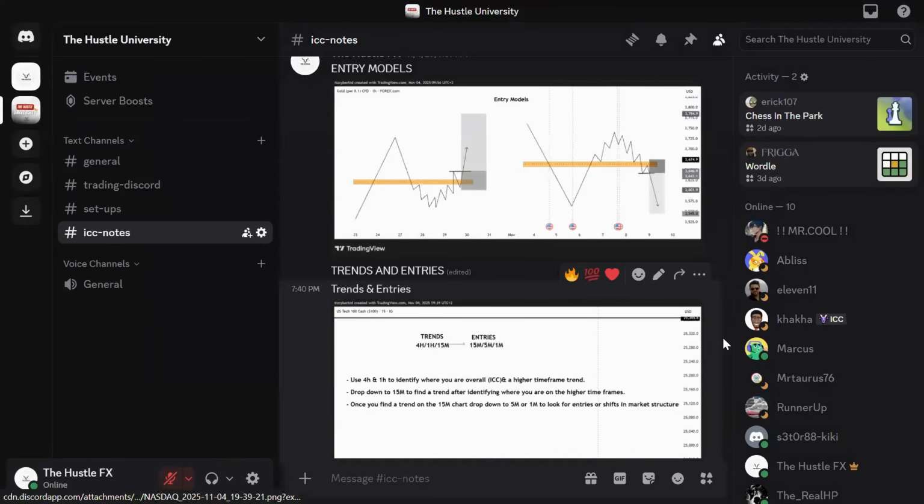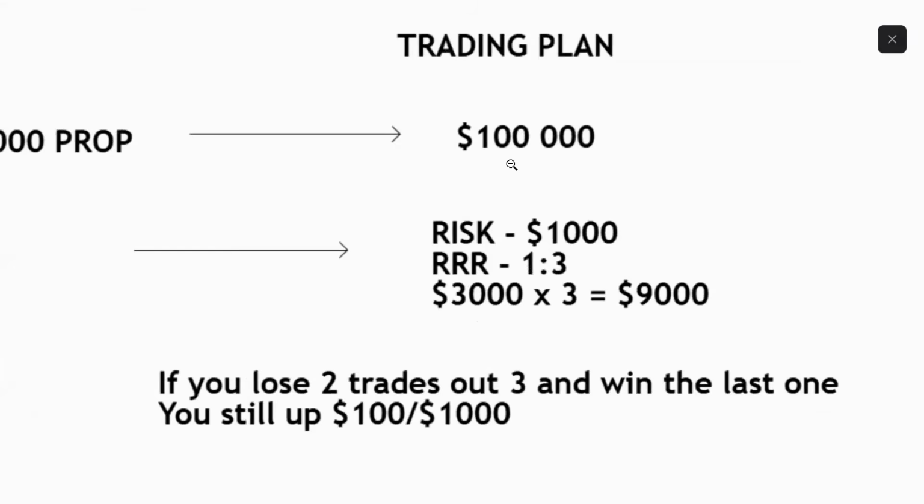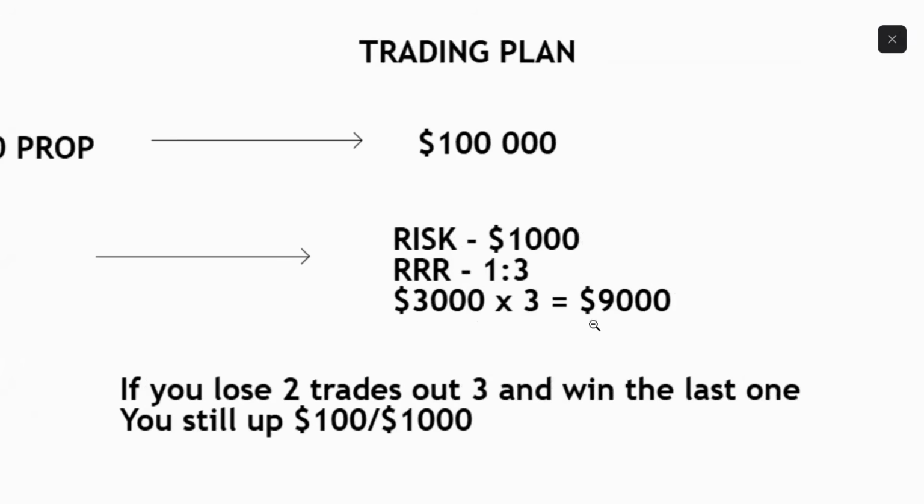And then I was just breaking down some of the trading plans that you guys can make for yourself, risking 1:3 compared to a $10,000 prop account. It's not about passing the prop account, it's just building those good trading habits. So then when you get to a $100,000 funded account, you can see that the same 1:3 is $3,000 per trade.